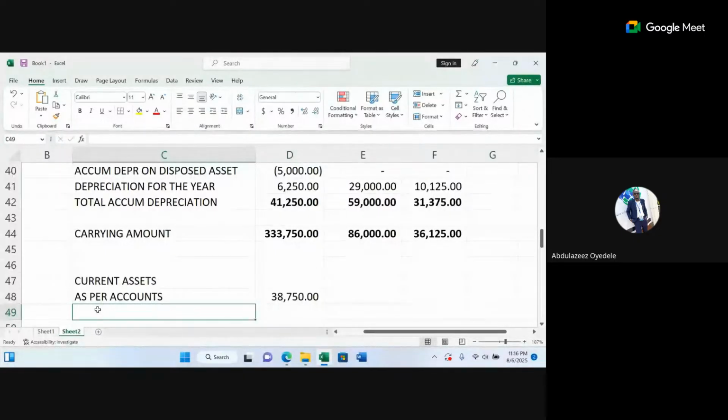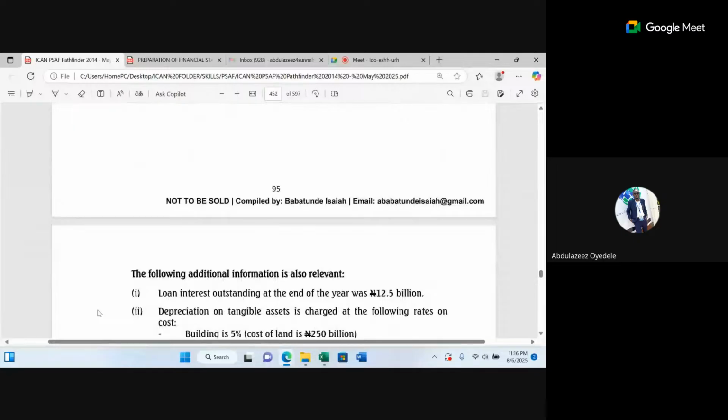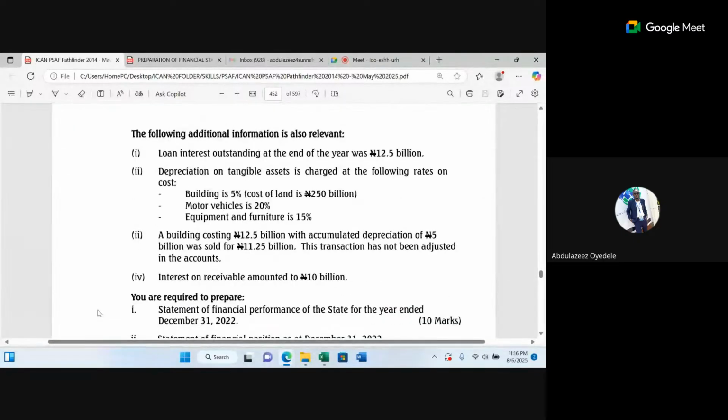But we know that we made adjustments to a few things that relate to current assets. One of them is that they told us in the question that there is a receivable on interest.